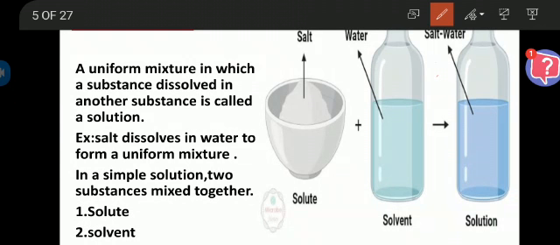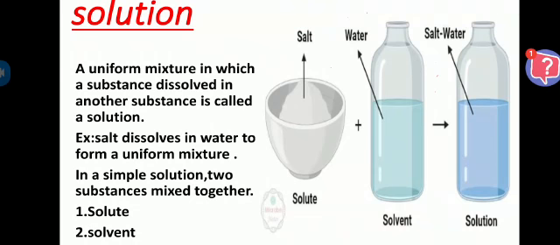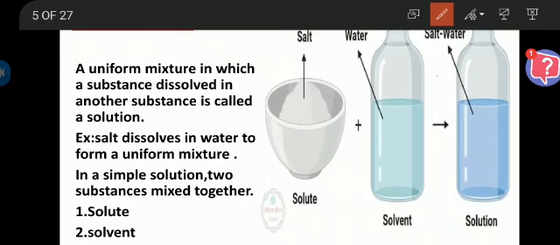For example, when salt dissolves in water, it forms a uniform mixture. When salt is added to water, it forms salt water, and it is a solution. That means in a simple solution, two substances are mixed together.